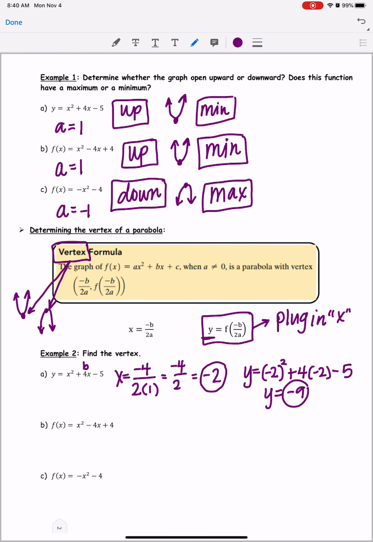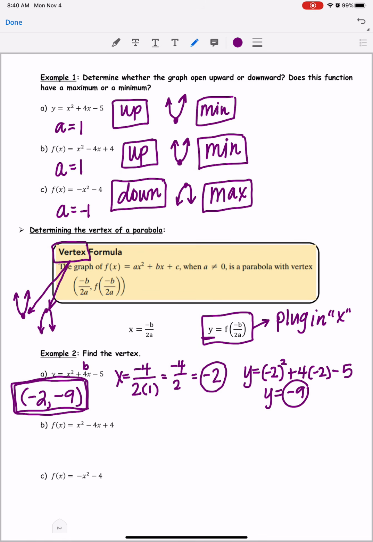So now my vertex is at negative 2, negative 9. So that's going to help us whenever we're graphing these and plotting these points.